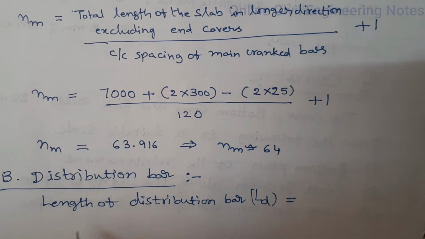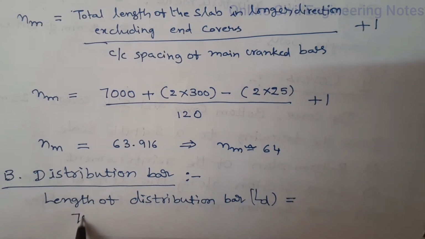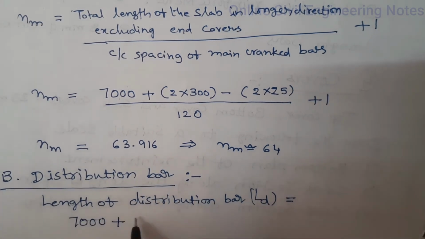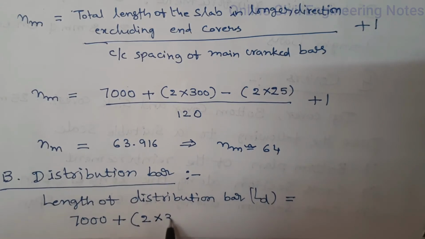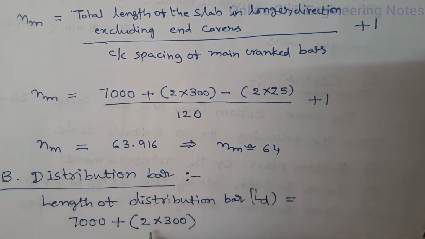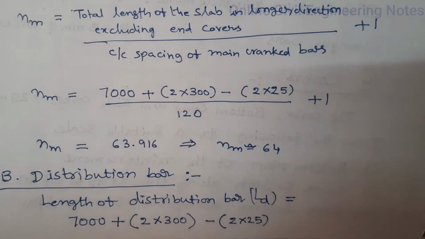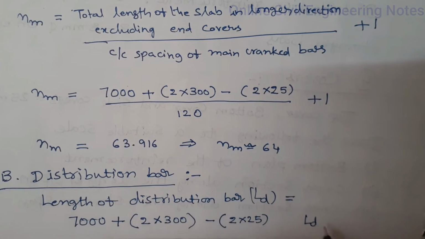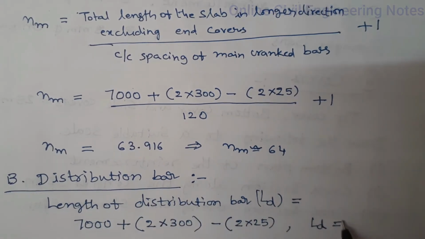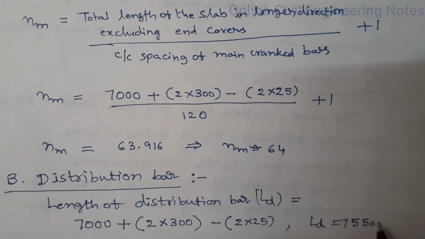So clear span in the longer direction is 7,000 plus bearing is 300 on either side. So take 2 value and deduct end covers 25 mm on either side. Therefore, LD is equal to 7550 mm.